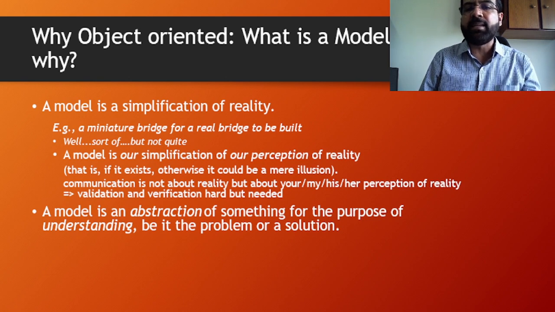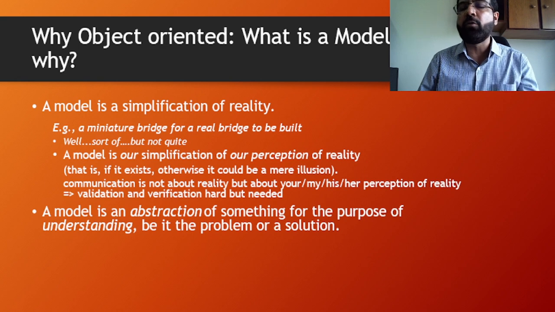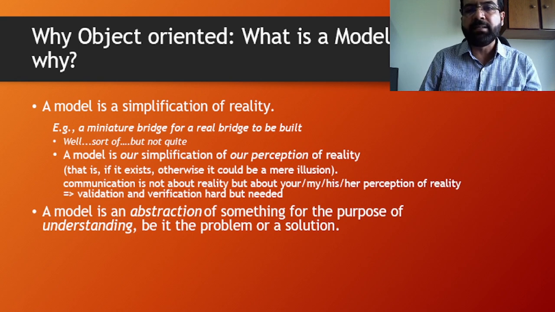A model is an abstraction of something for the purpose of understanding, be it the problem or a solution. We are looking for a solution, and when we are modeling certain aspects, we go through the process of abstraction, because whenever we transform the real environment into a model, we want certain things to be represented in the model, and we want to exclude things which we think are not necessary whenever we are describing that model.